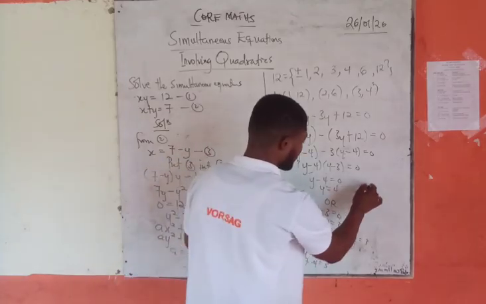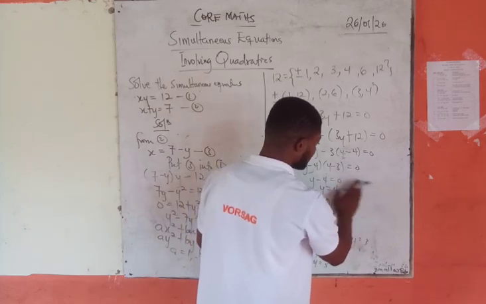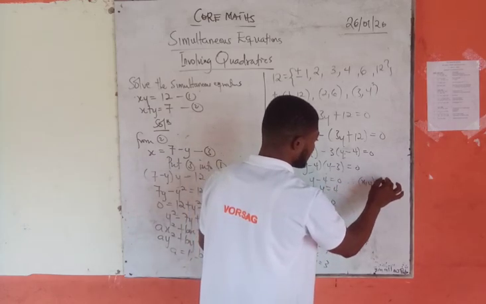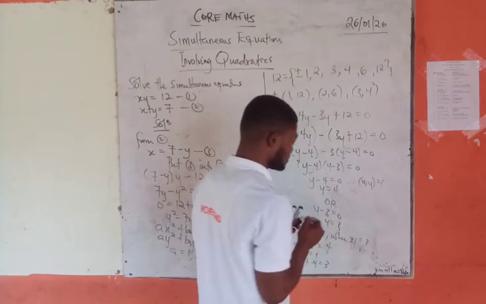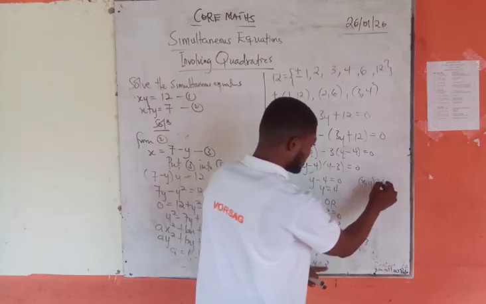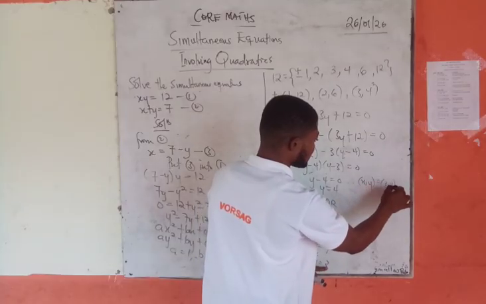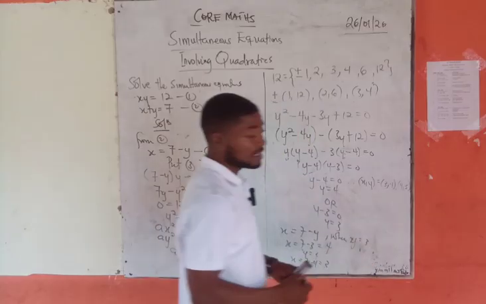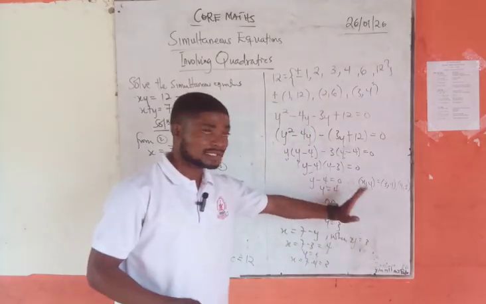So therefore, I have my values in this form, x, y, giving me the first pair. So the first pair is when x is equal to 3, y is equal to 4. Second one, when x is equal to 4, y is also equal to 3. So I have it in this nice form.